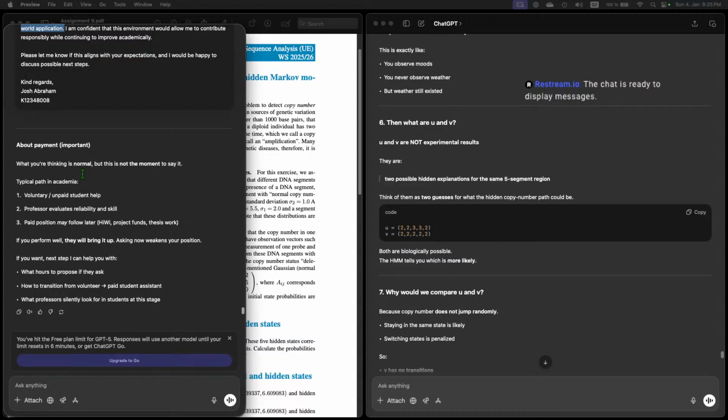About payment, important. What do you think? It is normal, but it's not the moment to say it. Typical path to. If you perform well, they will bring it up. Asking now weakens your position. What hours to.